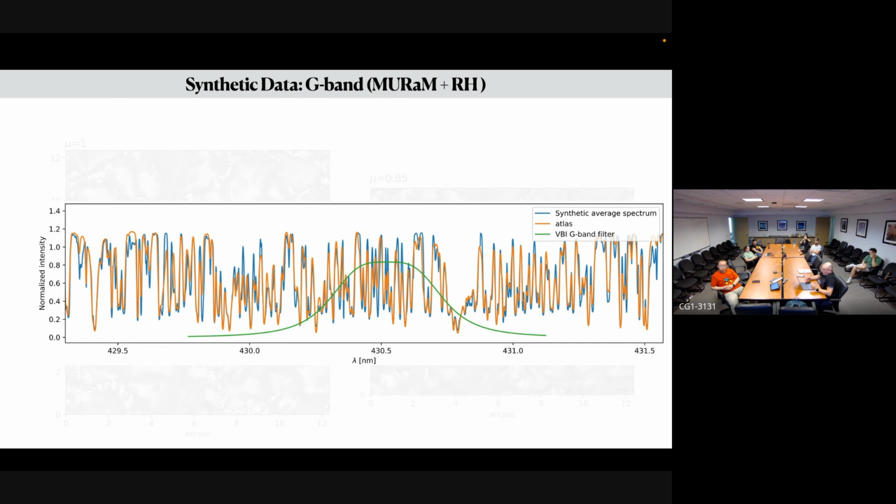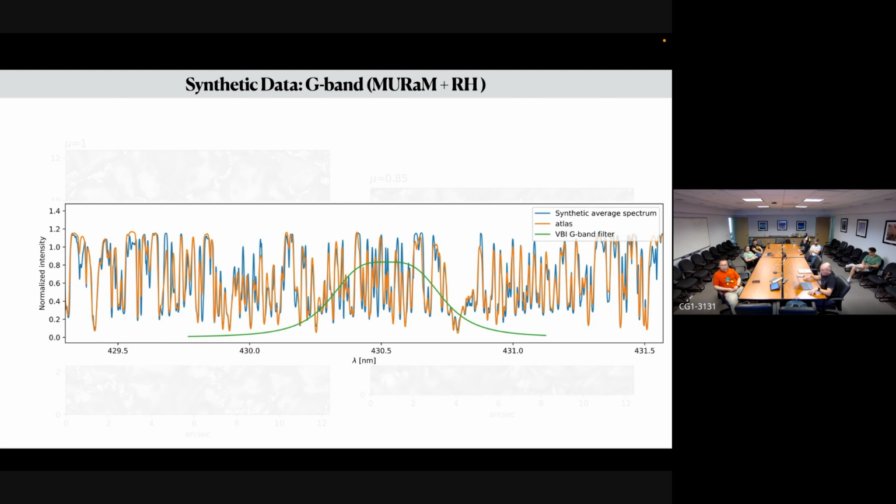We have hundreds of molecular lines, hundreds of atomic lines, and almost all of them are reproduced perfectly. This is really nice to see. It just shows how well we can synthesize and reproduce the photospheric physics.